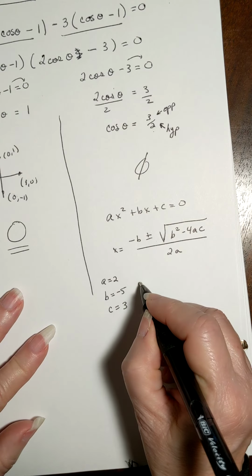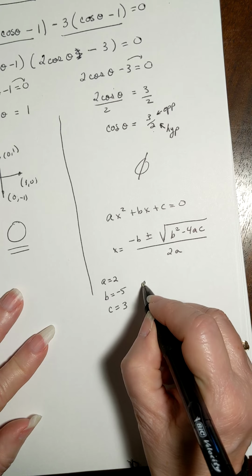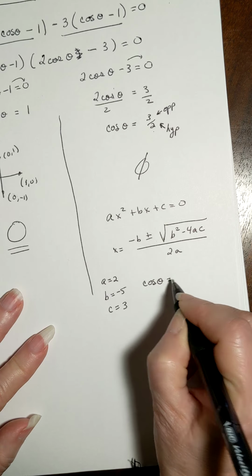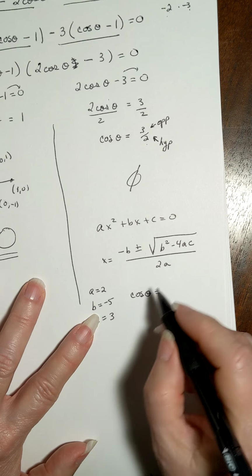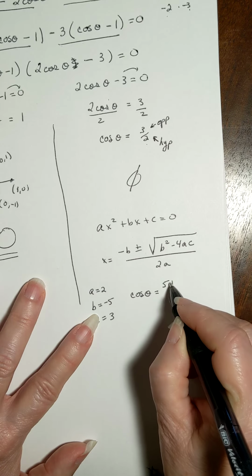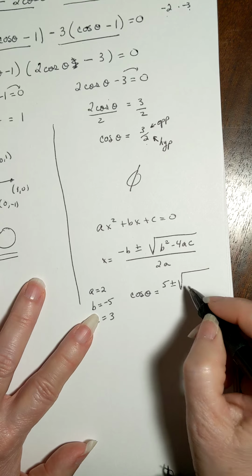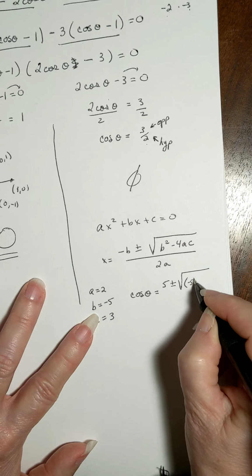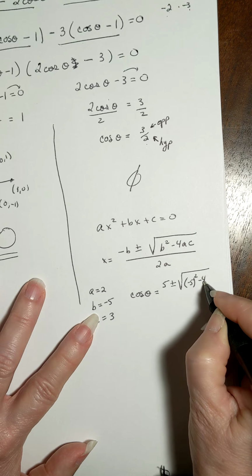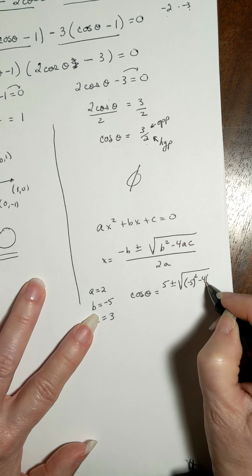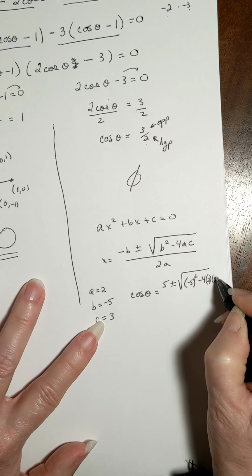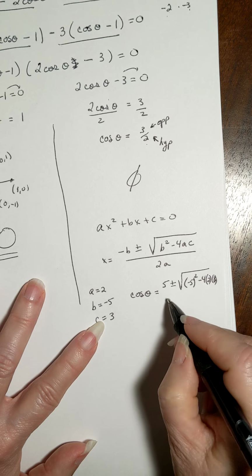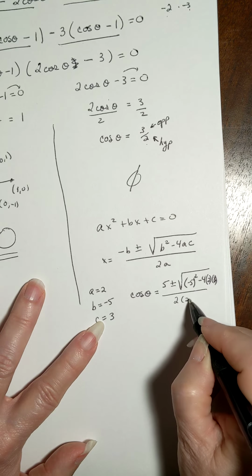So here my x is cosine of theta would be equal to the opposite of B, so that would be opposite of -5 would be 5, plus or minus the square root of -5 squared minus 4 times A, which is 2, times C, which is 3, sorry, all over 2 times A, which is 2.